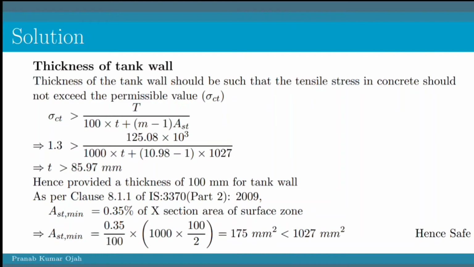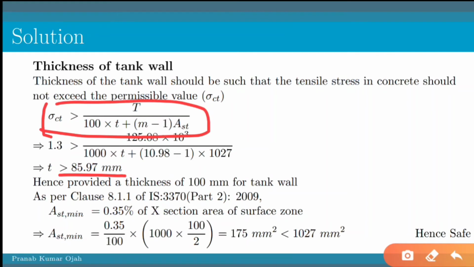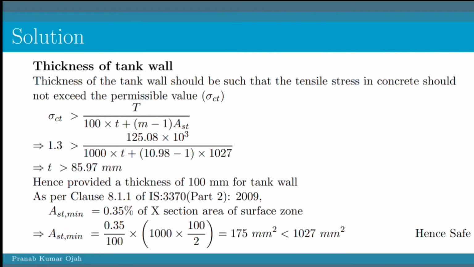After putting those values, we have got the thickness of the wall T should be greater than 85.97 mm. Hence provide a thickness of 100 mm for the tank wall.